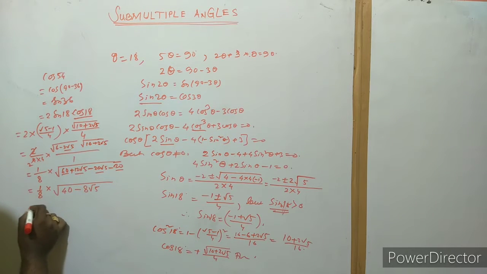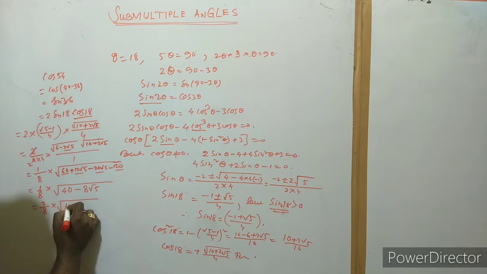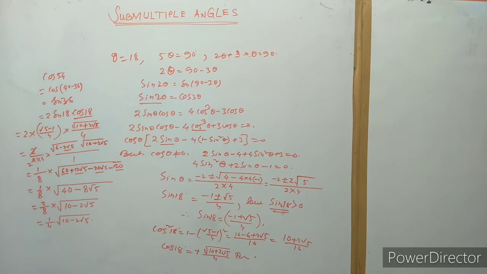Take a common 4, then 2 by 8, then 10 minus 2 root 5, so 1 by 4 root over. So these are all the values; like that we can easily find the multiples of 18. So be careful.